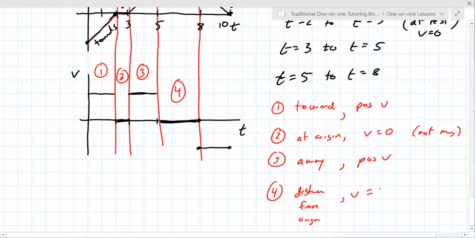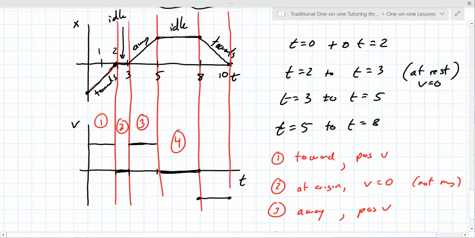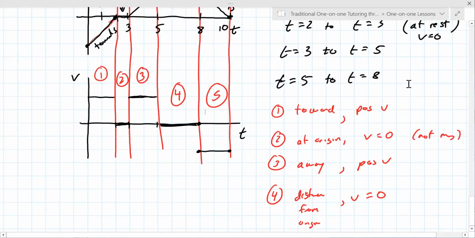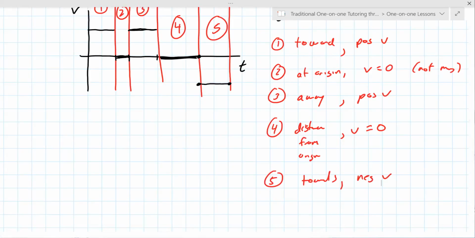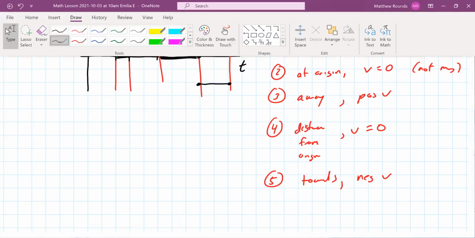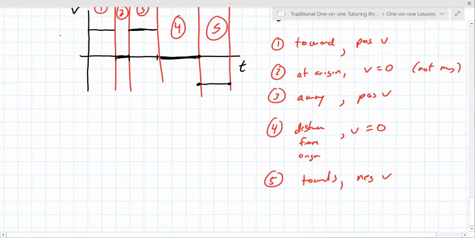So its velocity equals 0. And then in that last little window, window 5, it's moving towards the origin and it has a velocity that is negative. Towards, negative velocity. So it's possible to have all of these combinations. Okay. And I would expect you to be given some question like that.